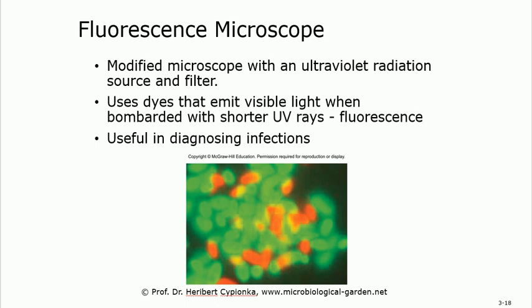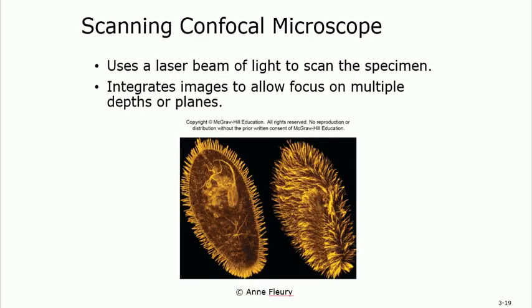This is important here. You use it for diagnosing infection. If you have a specimen, hepatitis for example, or any type of infection, you get a swab from that infection, you put it on a slide, and the fluorescence microscope will help you with the ultraviolet radiation.